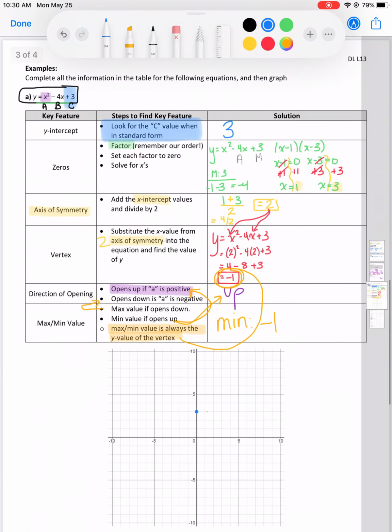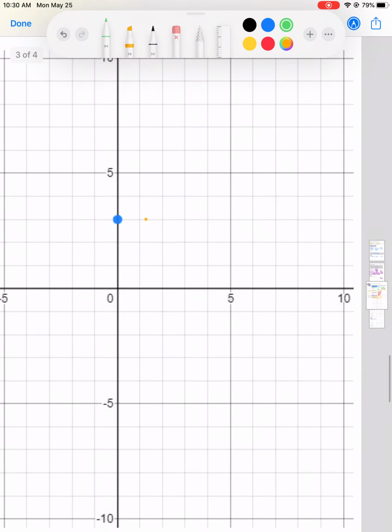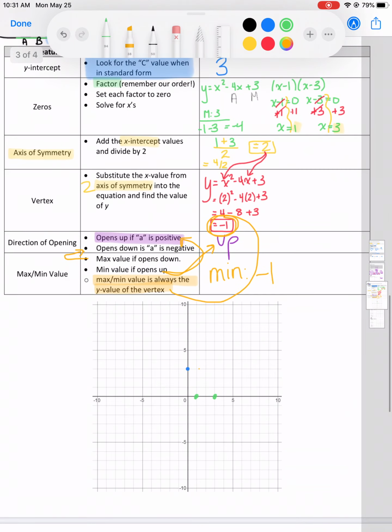Sweet. My zeros are 1 and 3. Okay? These two right here. So, I know my parabola goes through this point, and it also goes through this point. Axis of symmetry.